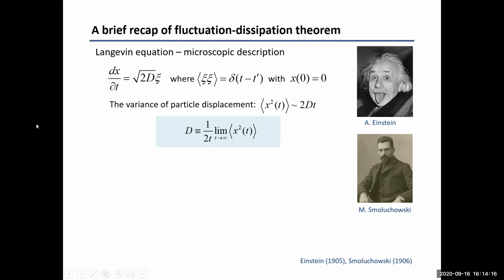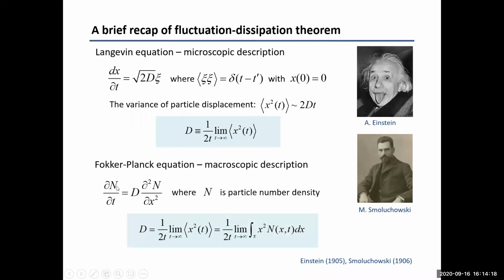But this description can be written in terms of the Fokker-Planck equation, which becomes a macroscopic description of possibly many particles or a single particle or whatsoever, that gives you the diffusion equation.